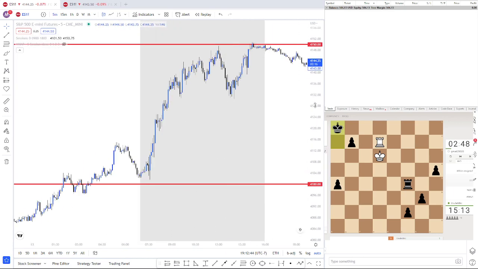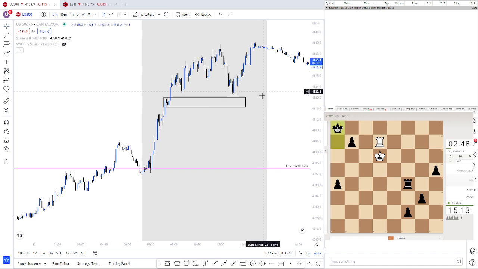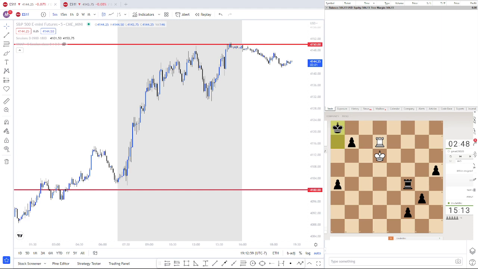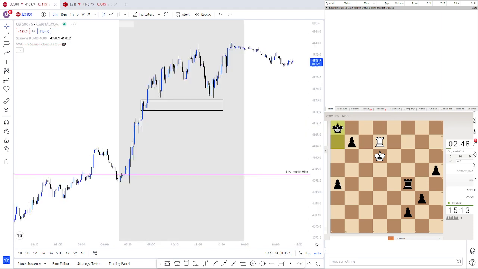It's just the price scale is shifted downwards on the US 500, because right now it's at 41.44 and the US 500 is at 41.33. Given that that's the case, I'll stop the US 500 and only use the ES Mini.